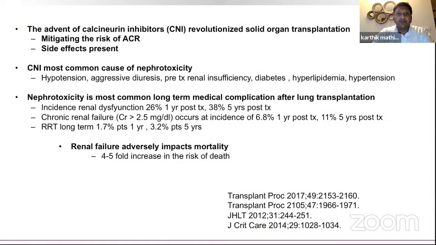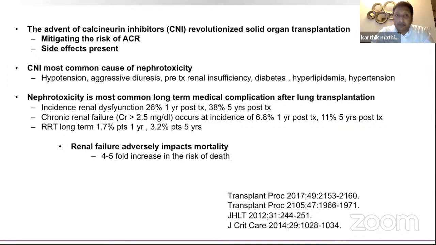The advent of calcineurin inhibitors revolutionized solid organ transplantation. People started seeing 70% survival rate after the introduction of CNIs, thereby mitigating the risk of acute cellular rejection. Of course, there are side effects, and that's why newer agents like mTOR inhibitors came into place to prevent what we call the metabolic side effects of long-term CNIs.